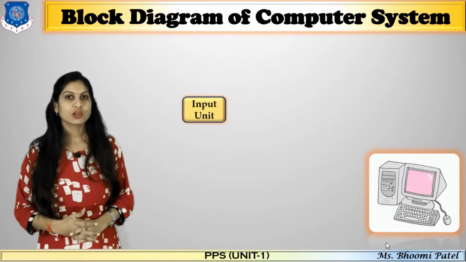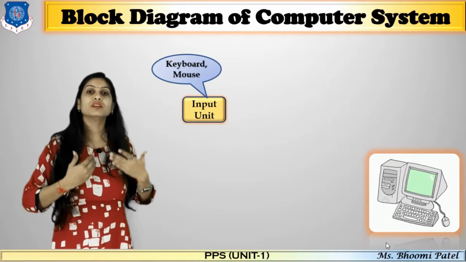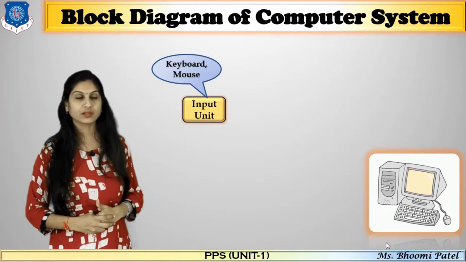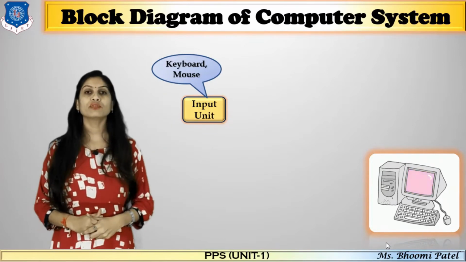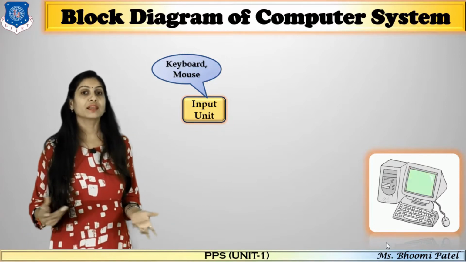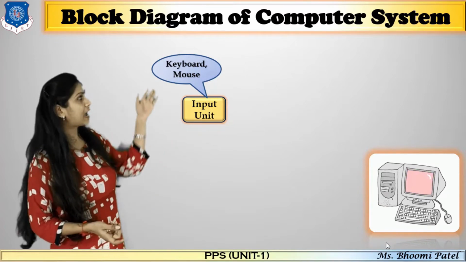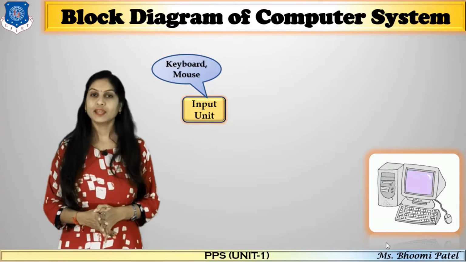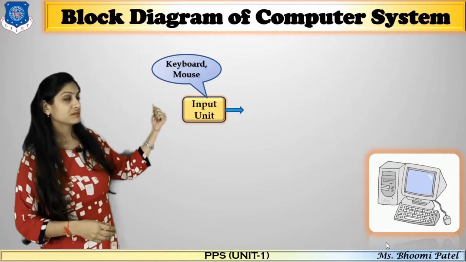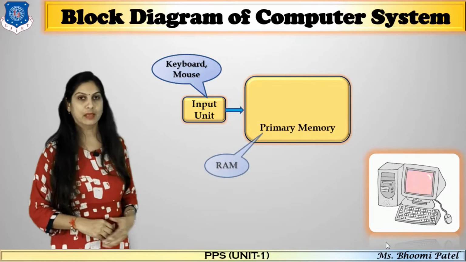Now start the main topic, computer system diagram. Obviously the first is always input. The input unit is there to accept the data from the user. Examples of input units are the keyboard and mouse. In a game you can use a joystick, then trackballs. These are the examples of our input unit. This data is stored in our memory, that is primary memory.